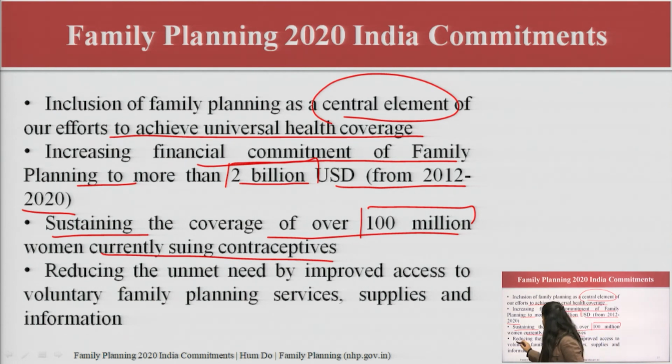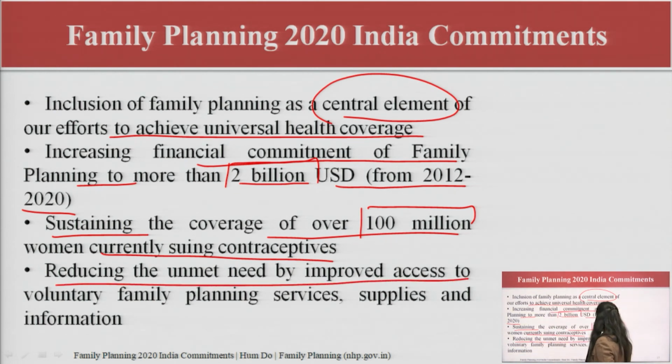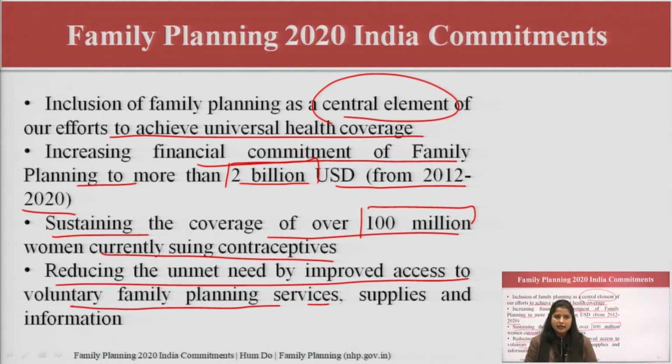Then, reducing the unmet need by improving access to voluntary family planning services, supplies and information. Before also I told you about the unmet need: the eligible couples who are not using contraception or any family planning method. Here we are trying to reduce those numbers.